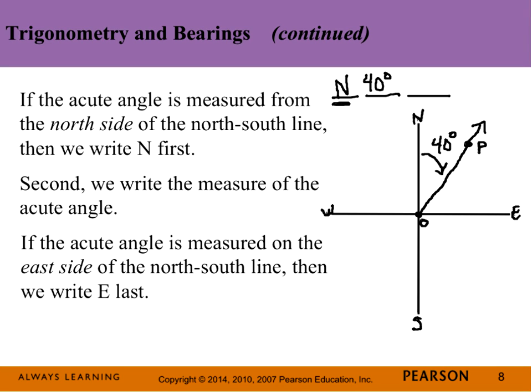It is an acute 40-degree angle that is measured to the east side. So the bearings for this point P would be given as N 40 E for north, 40 degrees east.